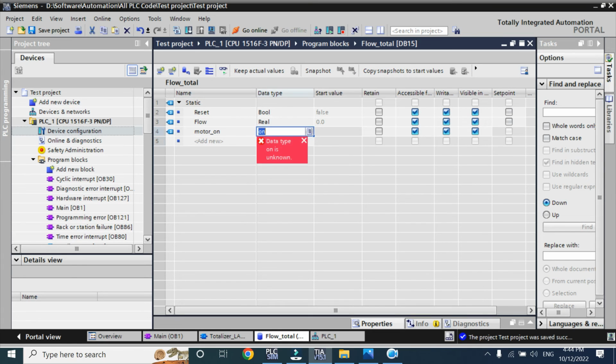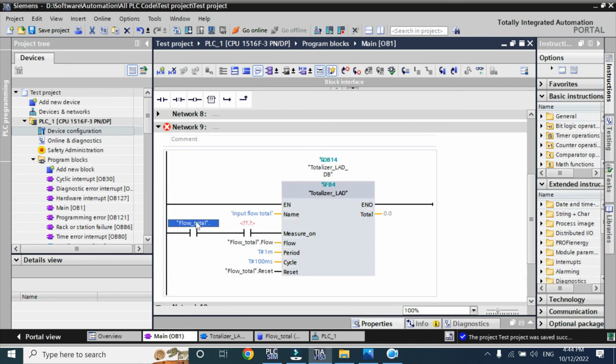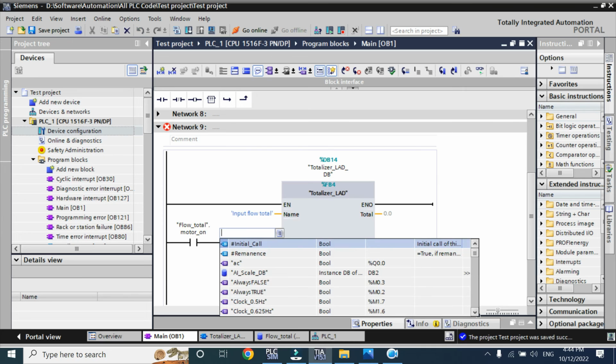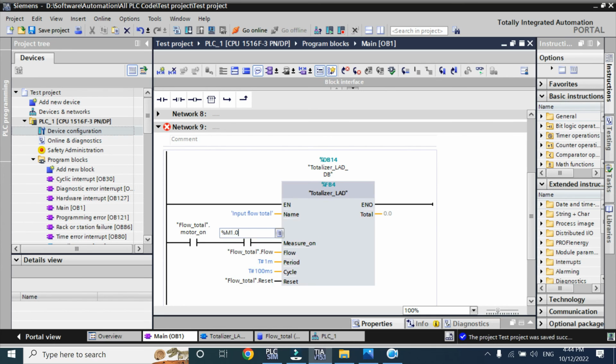Maybe this is in real, so it is not showing. Sorry, bool. Motor on. Okay, input. Then I will take the fastest clock bit, that is M1.0.